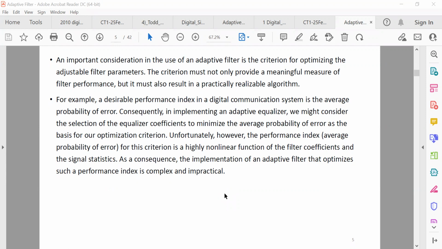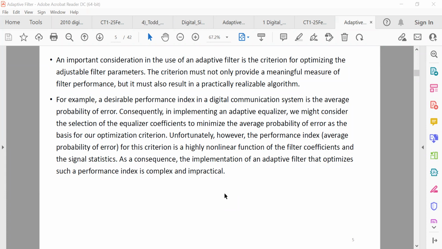Here comes certain criteria. What criteria has to be fulfilled? What is the optimization criteria that we expect from a filter? For example, we have the average probability error. In a communication system, this expected or estimated probability error is one of the criteria to be taken into consideration.